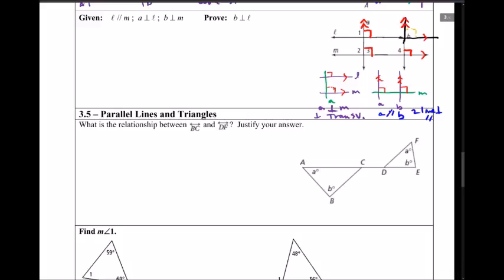Well, is that going to let me relate line L and line B? Why, yes, it is. If we look at these two lines again, A and B, and we're going to come up here to line L, we know that A and B are parallel. And what do we know?